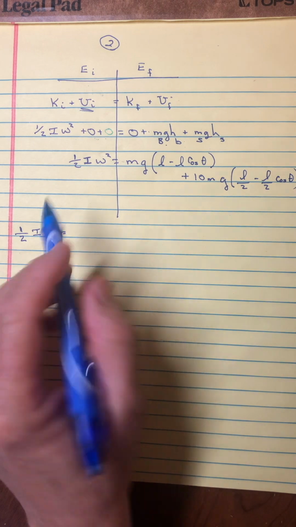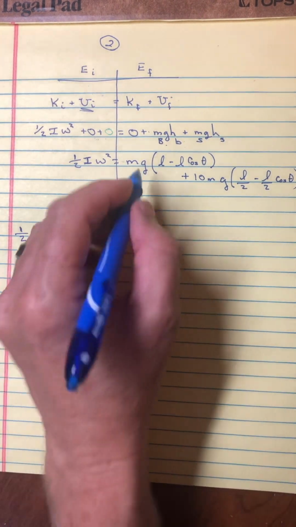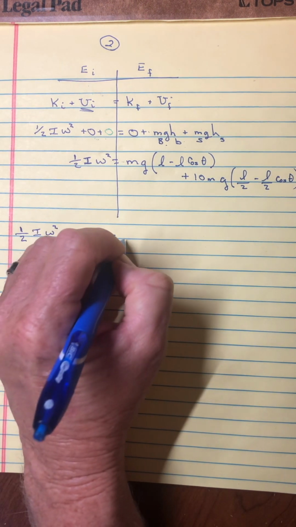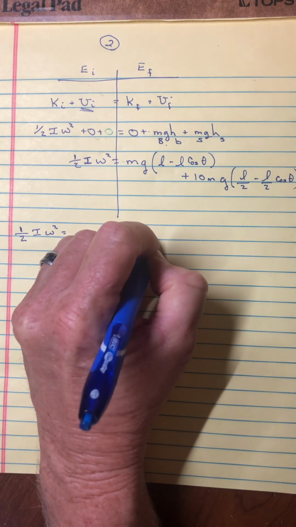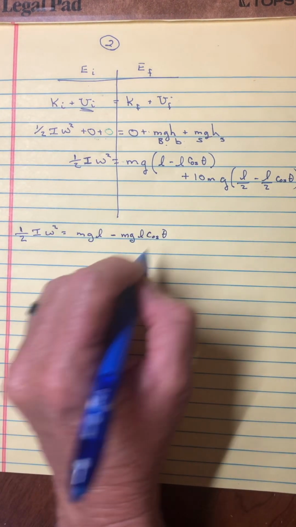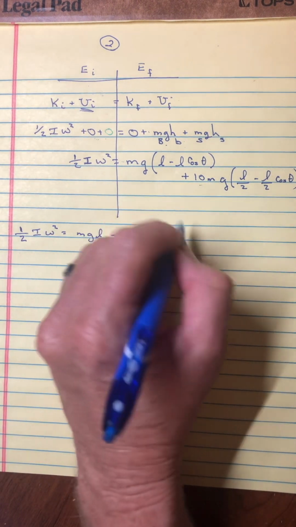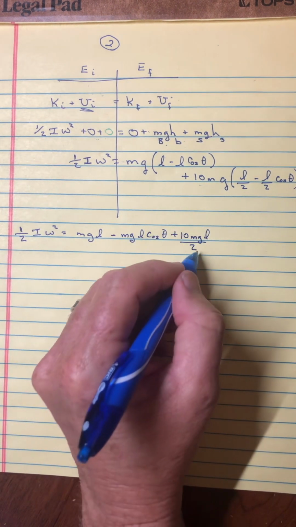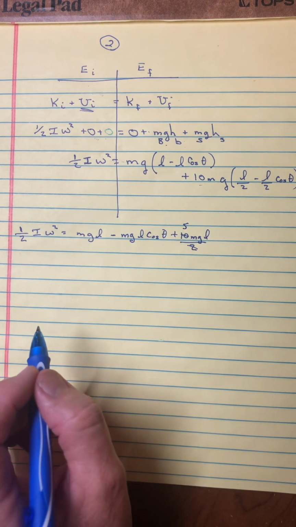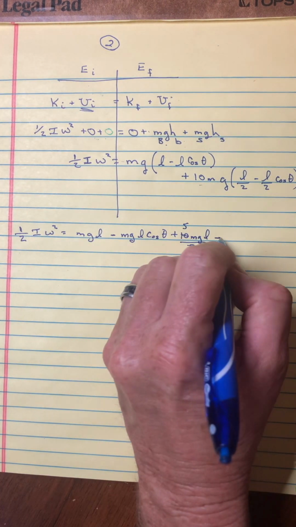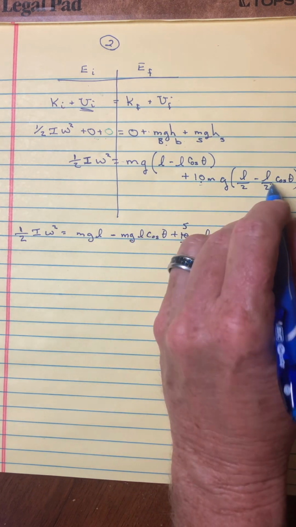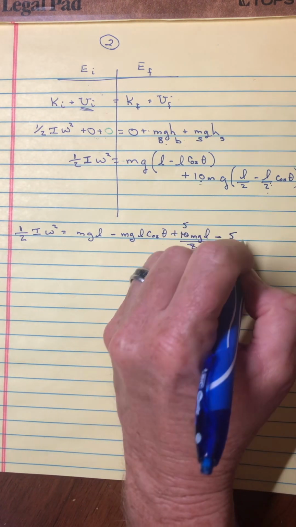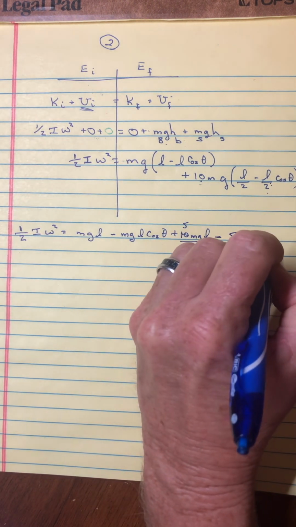And I think you kind of see here where, well, maybe I'll just multiply these all out. mgL for the first one, mgL cosine theta for the second one. This next line would be 10 mgL over 2, seeing that 2 changes that one to a 5. And then the same thing here, 10 times this, and I'll just go ahead and already cancel out the 2, so that's a 5. And then I got my mgL cosine theta.